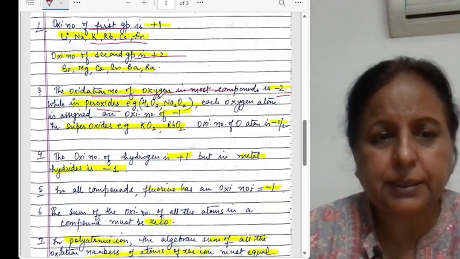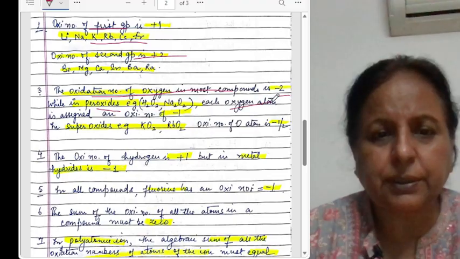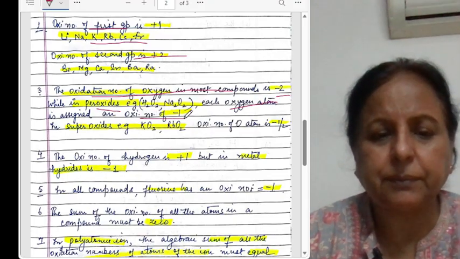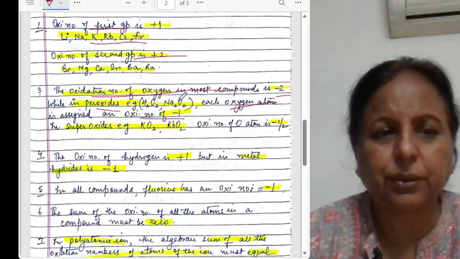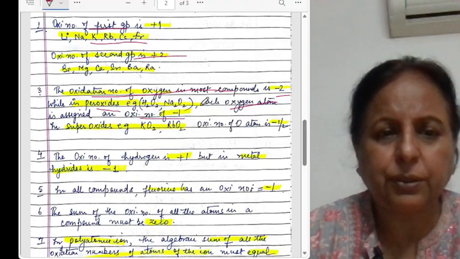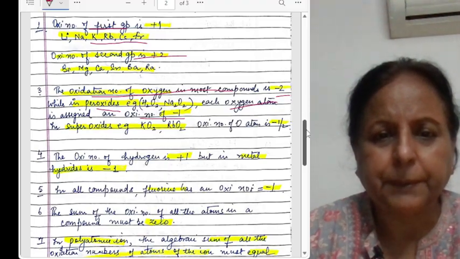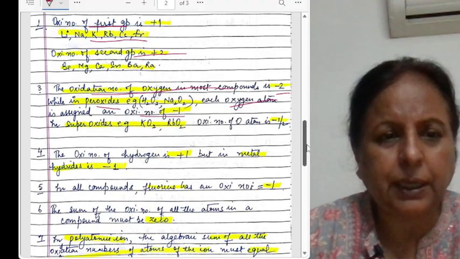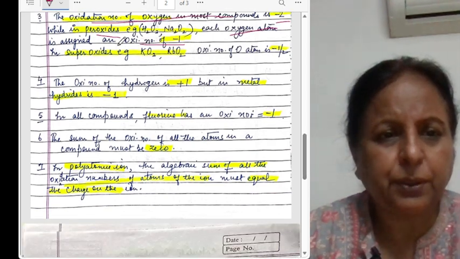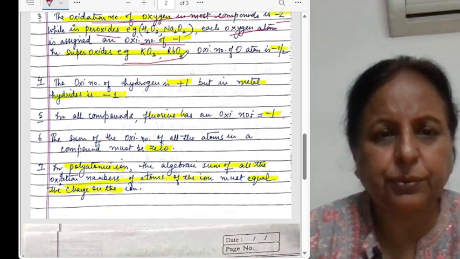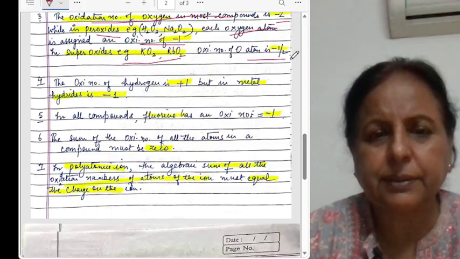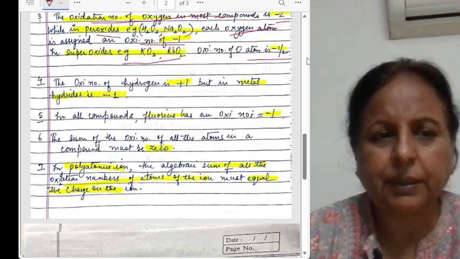In peroxides, H2O2, Na2O2, each oxygen atom is assigned oxidation number -1. These are all standard oxidation numbers, तो ये आपको you have to remember it. Now आगे देखो, in superoxides KO2, RbO2, oxidation number of oxygen atom is -1/2, right.